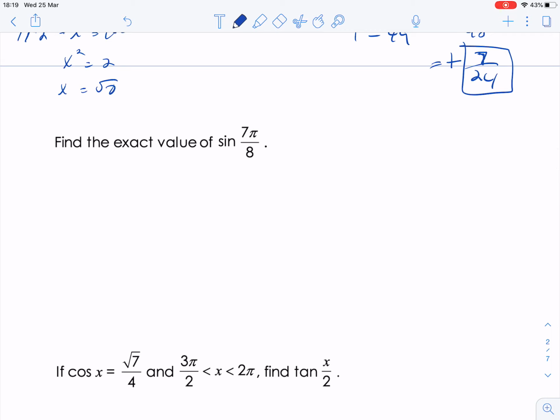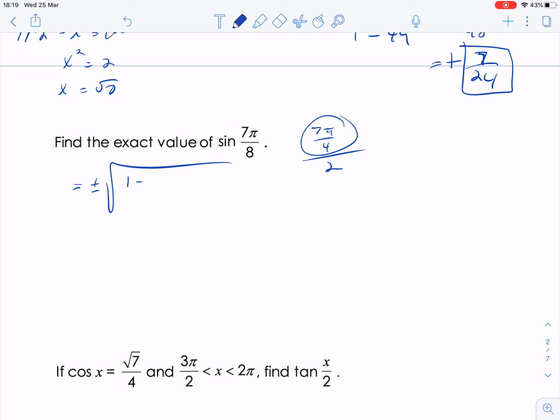Okay, can we do an adding sum of angles here or what? Nope, this is gonna be half angle. So we're gonna get 7 pi over 4 divided by 2. And that is our formula. So we're gonna have an equal sign plus or minus square root of 1 minus whatever that angle is here.